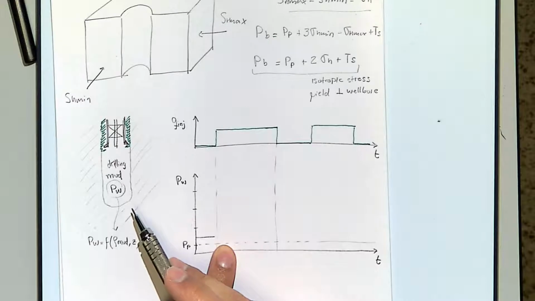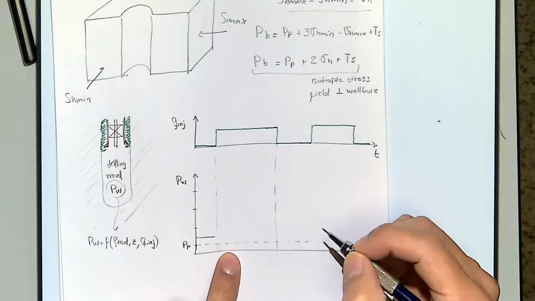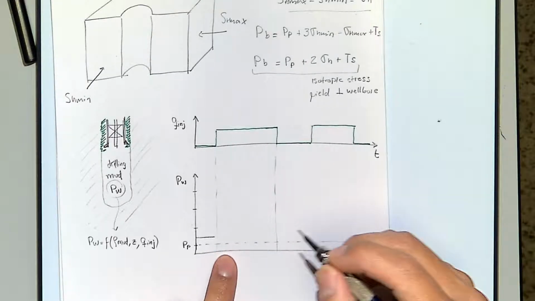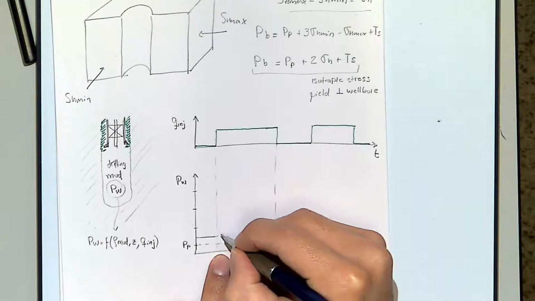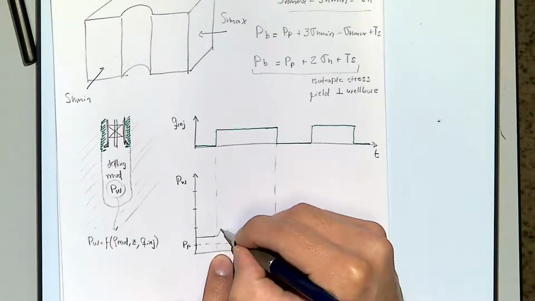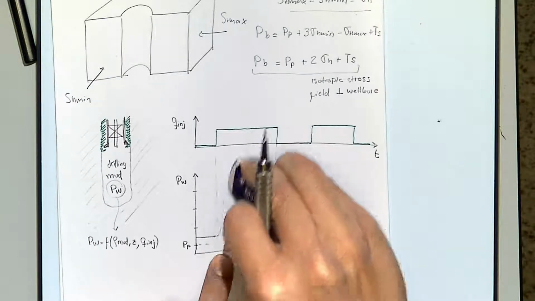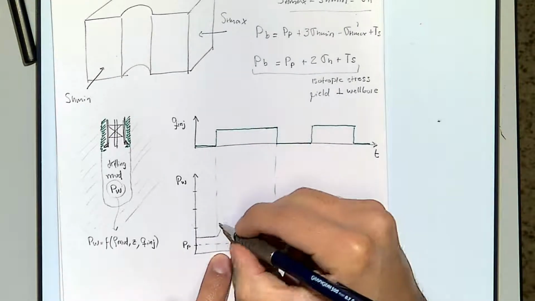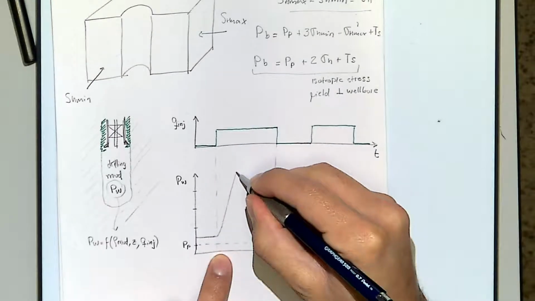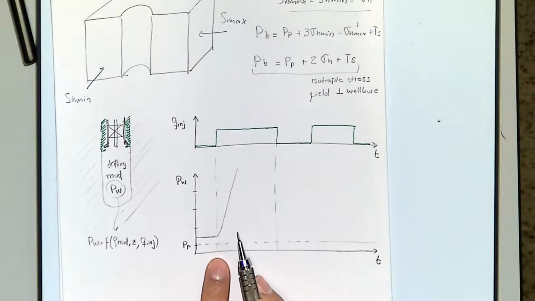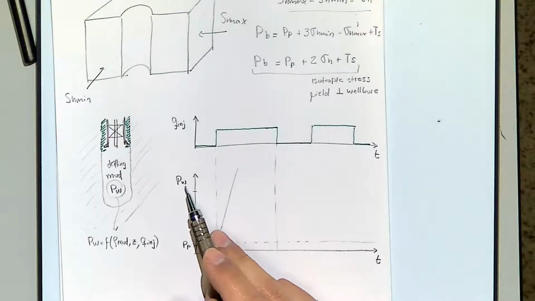This wellbore, it expands a little bit, but not a lot. So it's going to start increasing. But the question is how much. So I'm just going to draw a line over here that goes kind of forever, but we're going to challenge this assumption.